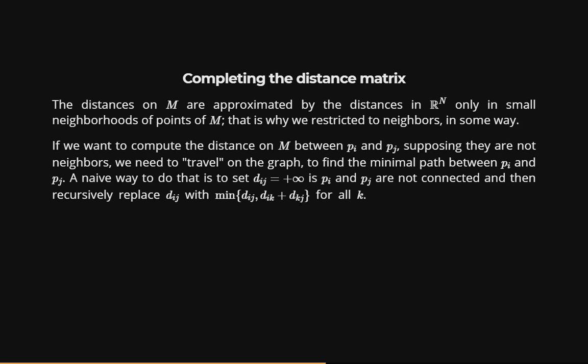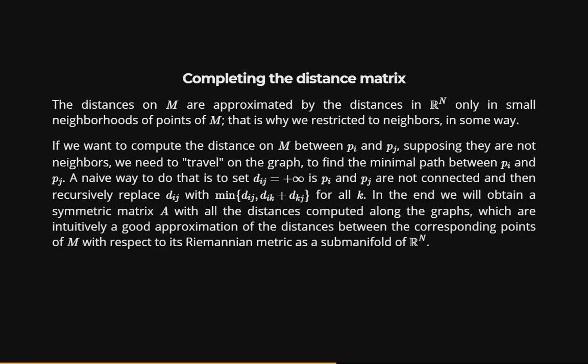It's not fast. In the end, you obtain a symmetric matrix A with all the distances computed along the graph, so traveling through the graph. Which, if you believe that your initial data set was sampled in a good way from your manifold, what you just found is a good approximation of the geodesic distances on your manifold.